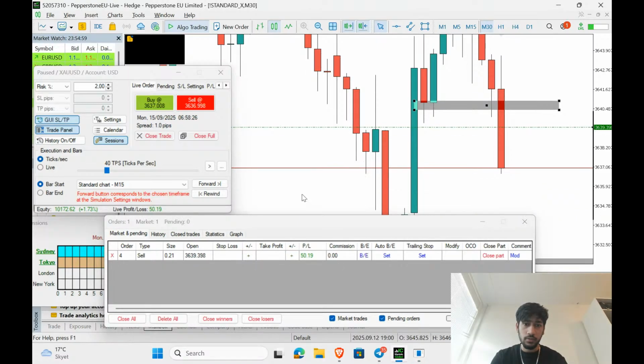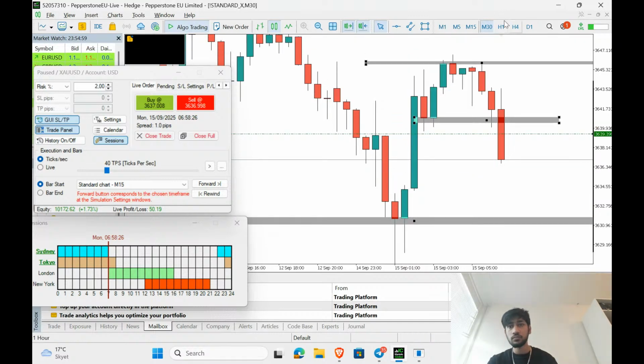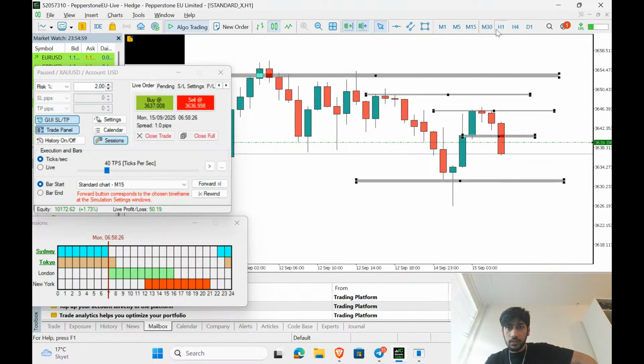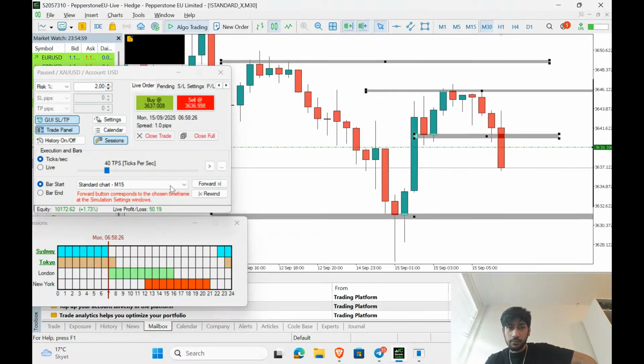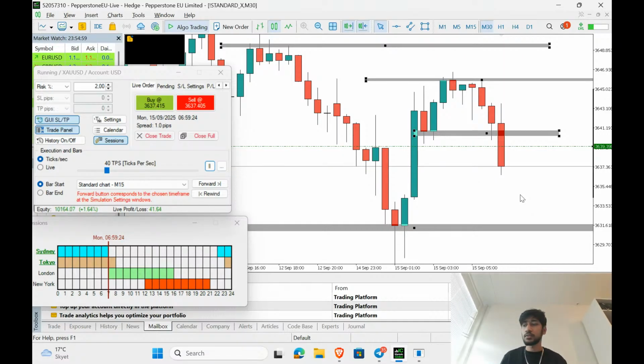Take profit, and we are just gonna let it run to hopefully this low. We're just gonna let it run. If it hits my take profit, it hits. If it does not hit, so be it.